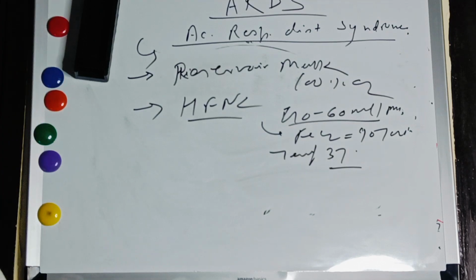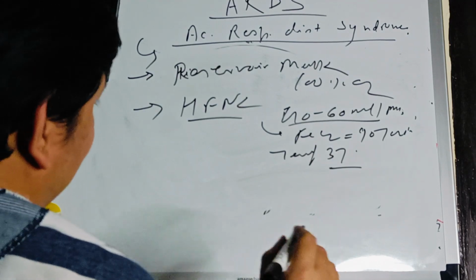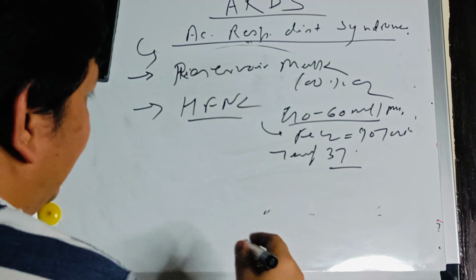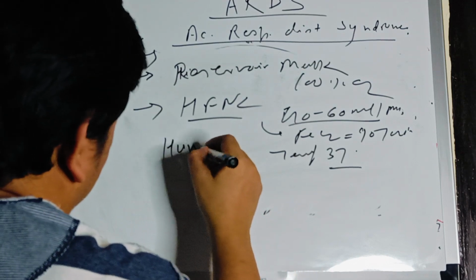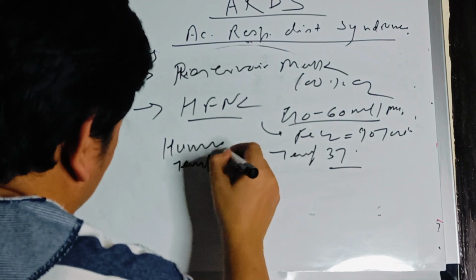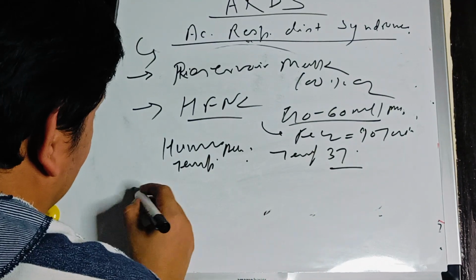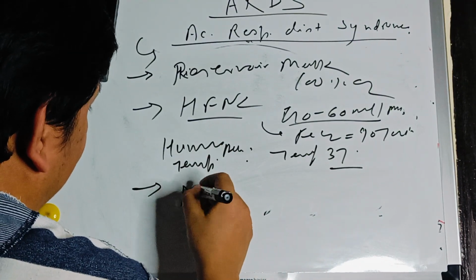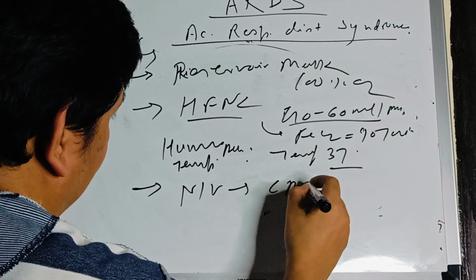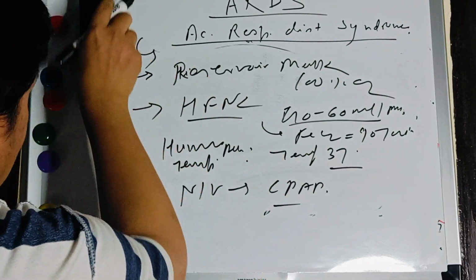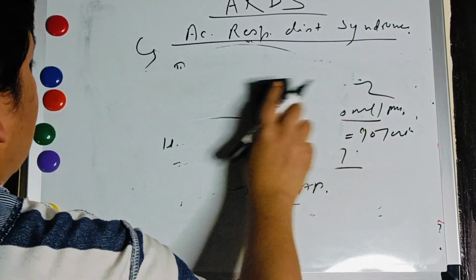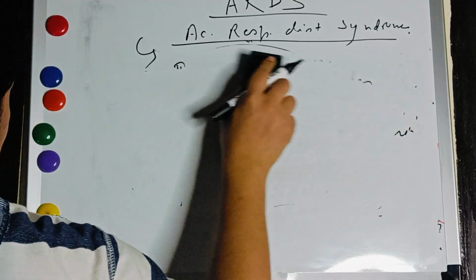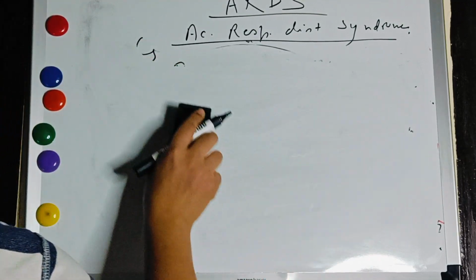So HFNC provides a mild PEEP and continuous flow. It has humidified and temperature-maintained air, so it is also comfortable for the patient. Then if it is not able to maintain, NIV CPAP is given, and after CPAP we have to go towards the ventilator.